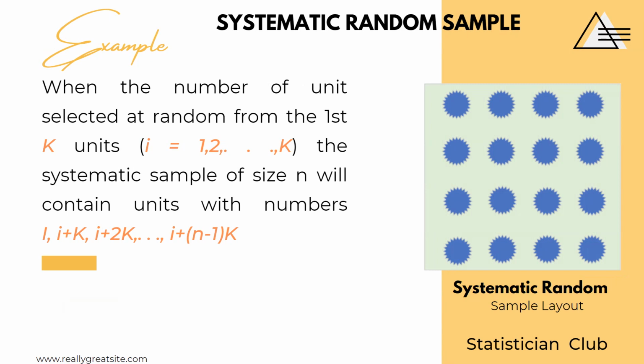Examples of systematic random sample: when the unit i is selected at random from the first k units, 1, 2, and so on up to k, then the systematic sample of size n will contain the units i, i plus k, i plus 2k, up to i plus (n minus 1)k. So if our i is 5, then 5 plus 10 is 15, 5 plus 20 is 25, 5 plus 30 is 35, and so on.